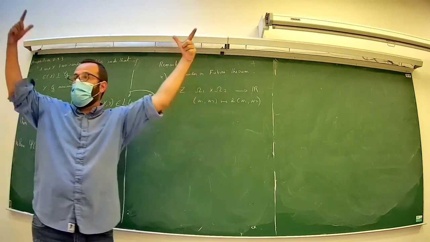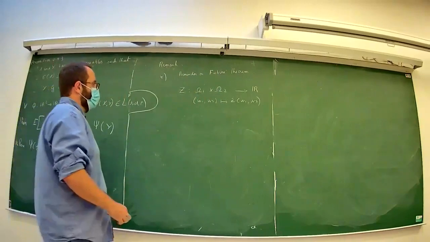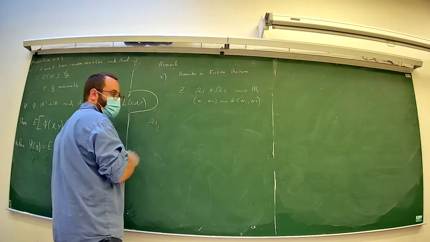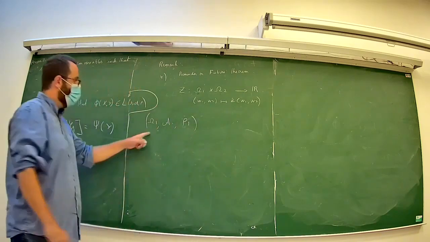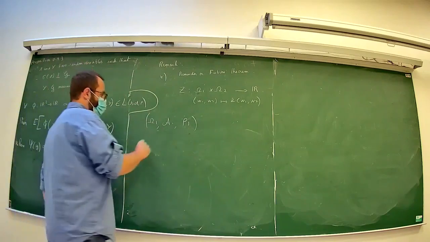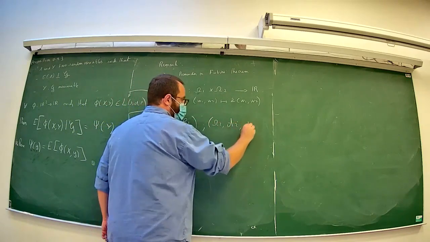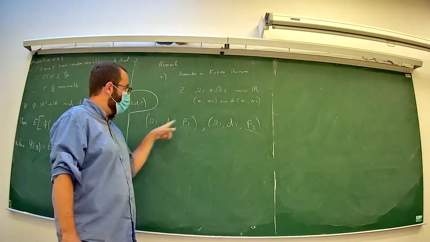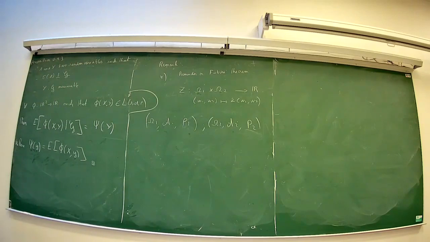It's the set of the pairs, first component in omega 1, second component in omega 2. I consider omega 1 as the universe of this probability space, omega 1, A1, P1. I consider also omega 2, A2, P2. Meaning that I have my two universes, each of them being equipped with a sigma algebra and a probability, P1 for A1 and P2 for A2.